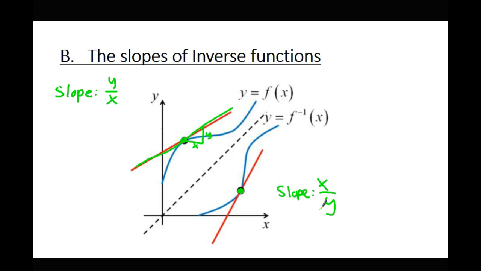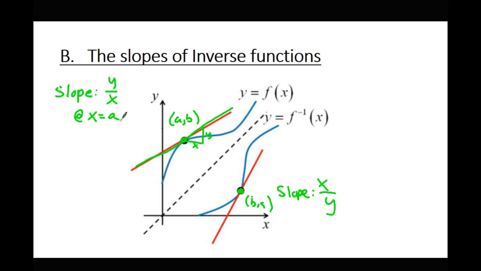Since the y's and the x's get switched in inverses, there's your difference. So the slope, but here's something to pay attention to. It's kind of easy to miss. Well, let's call this point AB. What's this point over here then? BA. So this is the slope of the f function at x equals a.